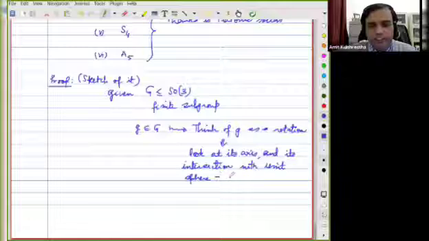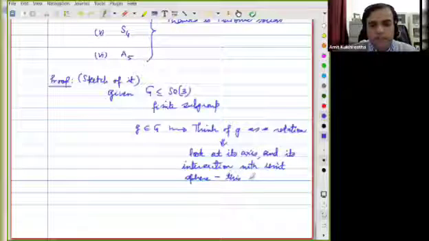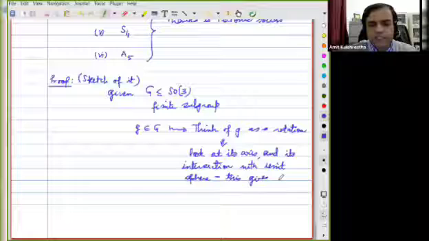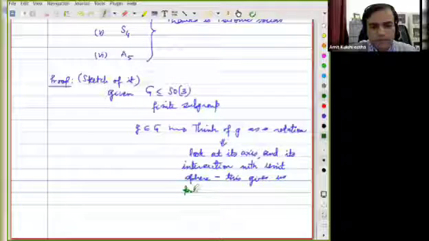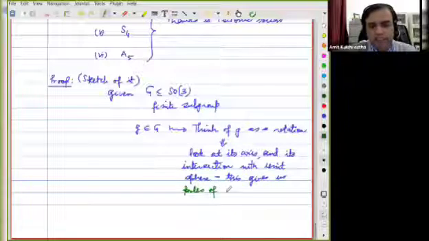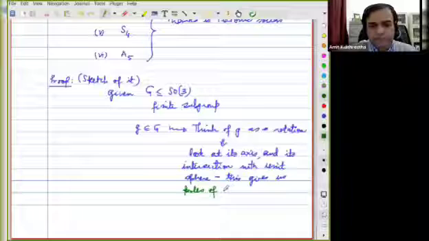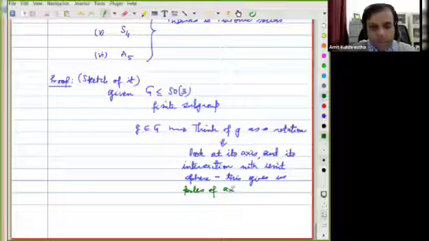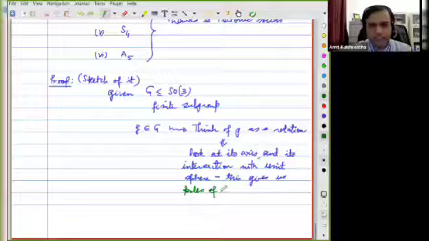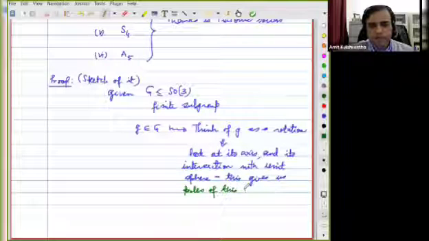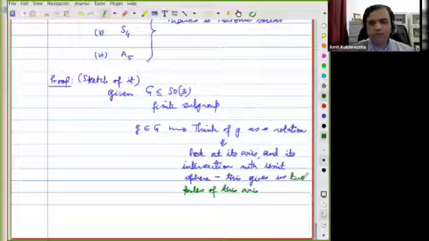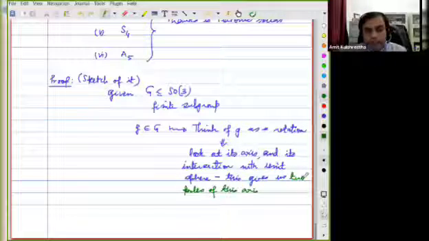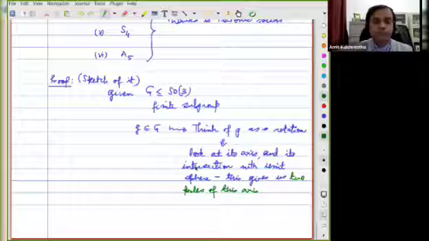Okay, so this gives us what we will like to call the poles of this axis. And these are 2 poles, right? One and antipodal.